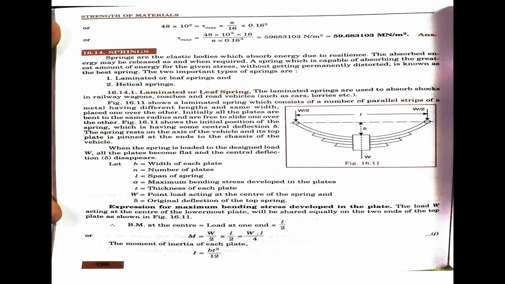Springs. What is a spring? These springs are mainly used for automobiles, in different types. Springs are elastic bodies which absorb energy due to loading. The absorbed energy may be released when required.